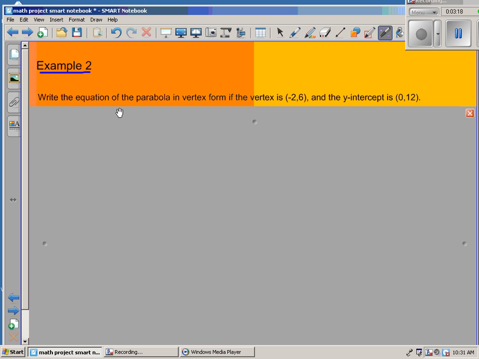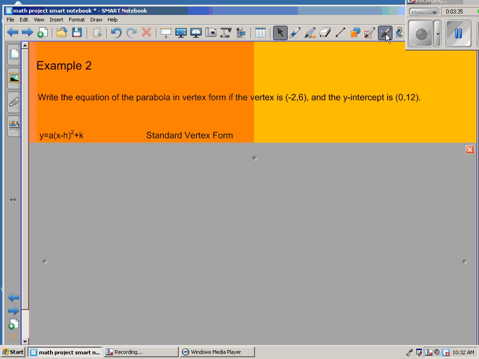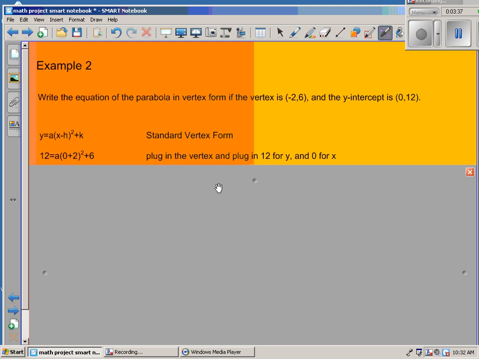Write the equation of the parabola in vertex form if the vertex is (negative 2, 6) and the y-intercept is (0, 12). So as we all know by now, the standard vertex form is y equals a(x minus h) squared plus k. That's standard vertex form. Then you want to plug in the vertex from here and plug in 12 for y and 0 for x.